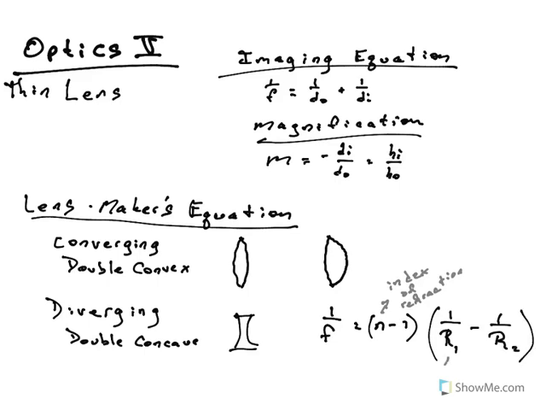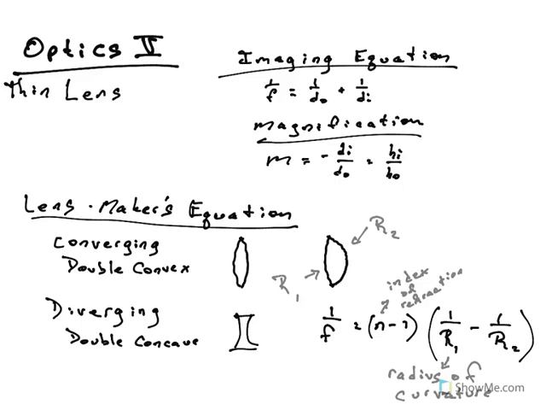Now these R's are what's called the radius of curvature, and it's basically how curvy the sides are. So R1 is the curvature of the front face, and R2 is the curvature of the back face.